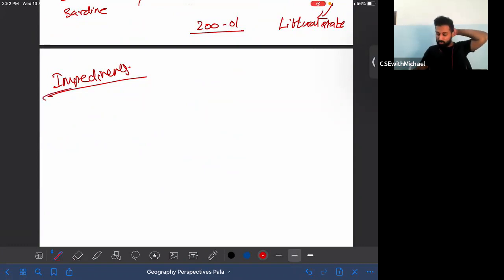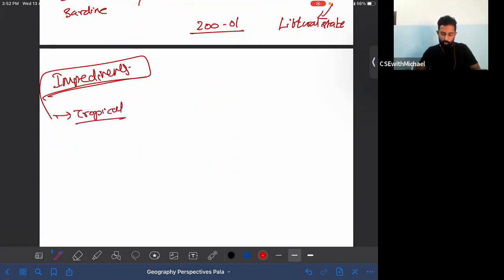Now, some of the impediments to the development of the fishery sector can also be seen. One is obviously the tropical weather. It's good, but it's not the most suited one. For example, catch is difficult and costly.